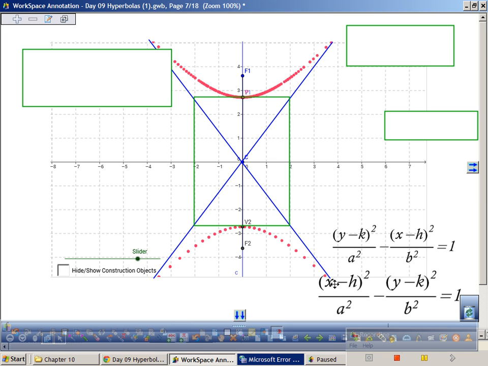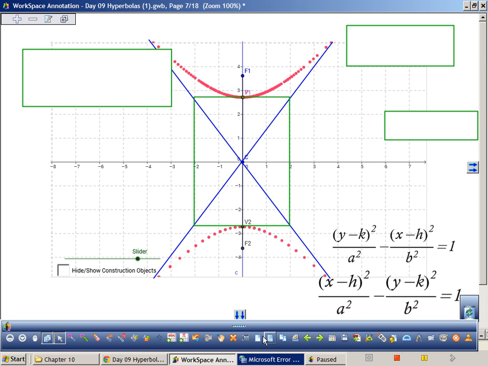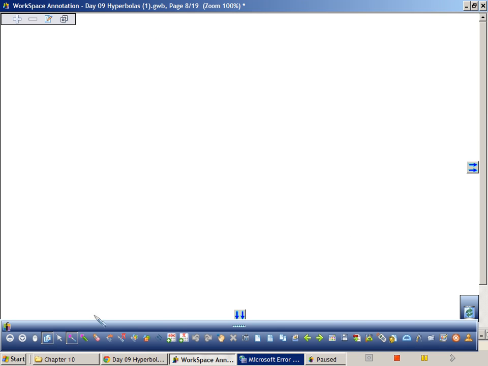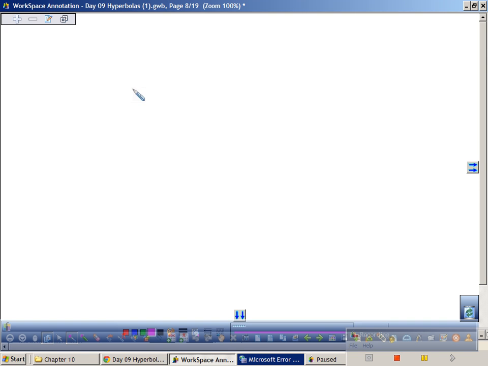Can somebody raise their hand and tell me why A and B interchange with ellipses? The size of the shape itself. Okay, so tell me more. Okay, Clara. Okay, it controls the height and the width of it, right?